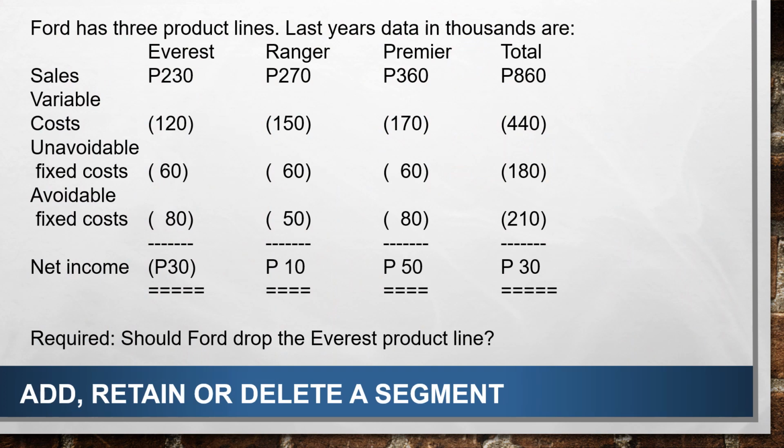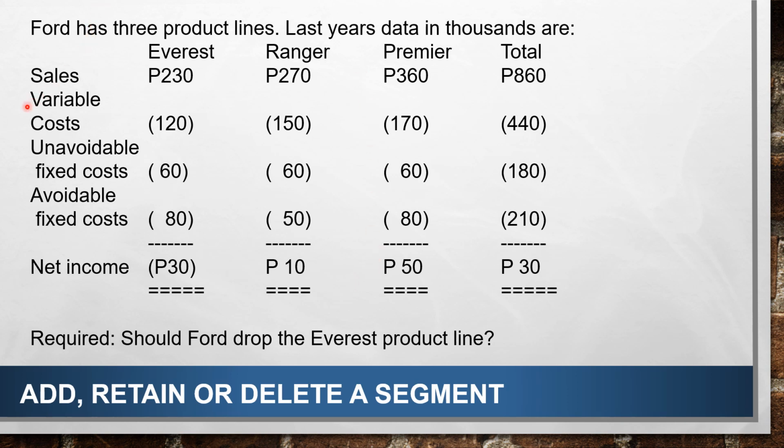Okay, so let's have a sample problem for add, retain, or delete a segment. So we have here Ford. Ford has 3 product lines. Last year, the data in thousands are: we have Everest, Ranger, Premier, and the total for the company, Ford as a whole.